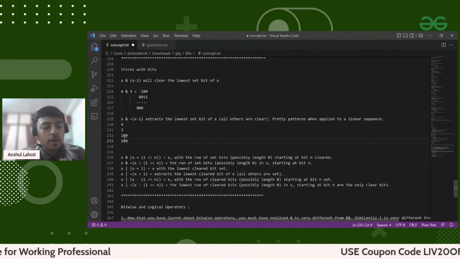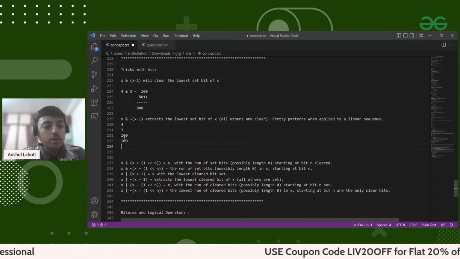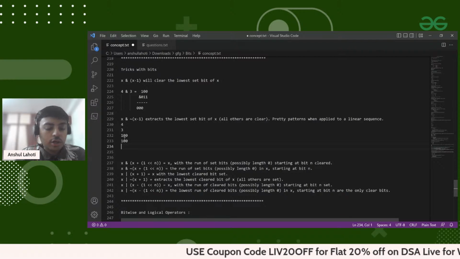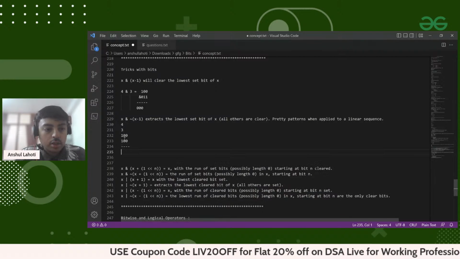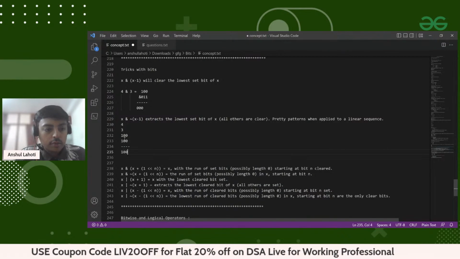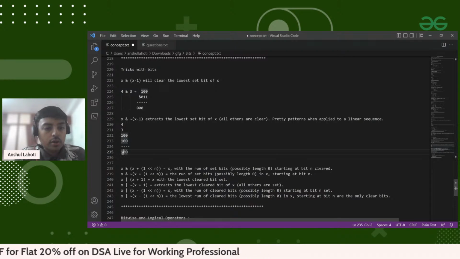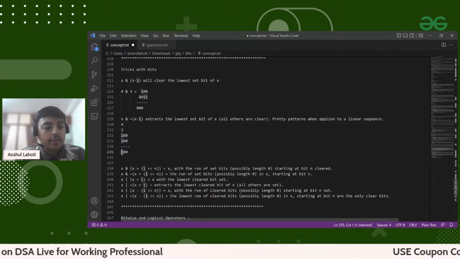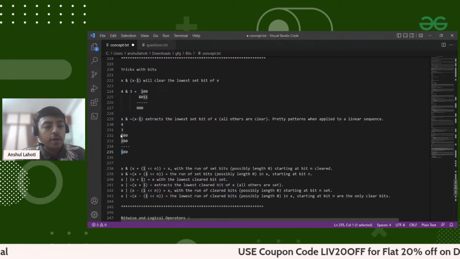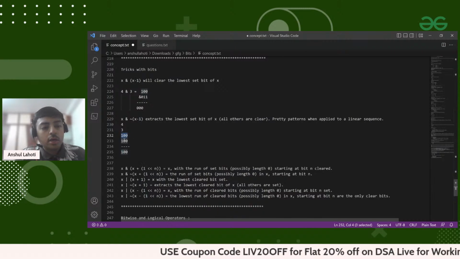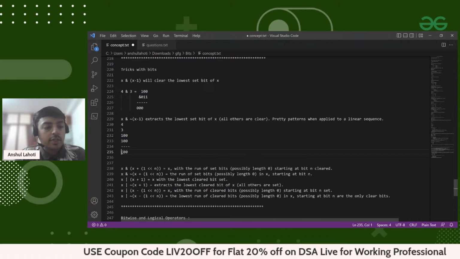And the AND of 1 0 0 and 1 0 0 will be just 1 0 0 again. So here you extracted the first set bit. If you run the loop here, the first set bit will be this one.